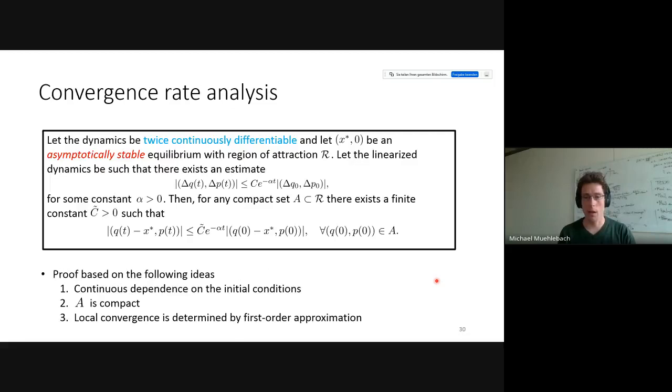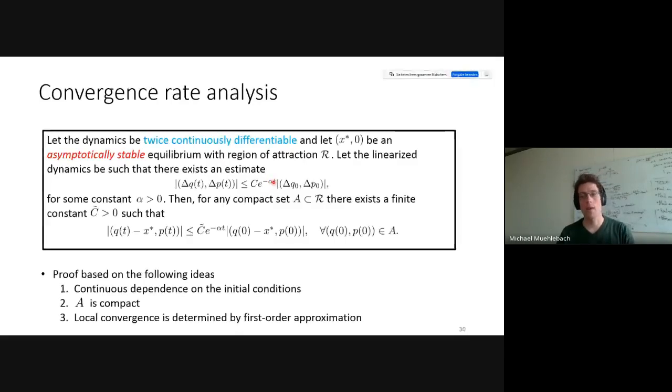And this intuition can be made precise with this proposition. So if we have dynamics that are smooth enough, and we have an equilibrium which is asymptotically stable, which has a certain region of attraction, and if we linearize the dynamics around this equilibrium and come up with a certain bound, so we know that the linearized trajectories converge with this rate alpha, then we can conclude that for the full nonlinear dynamics, trajectories converge at the same rate alpha, but we need to plug in a modified constant C tilde.